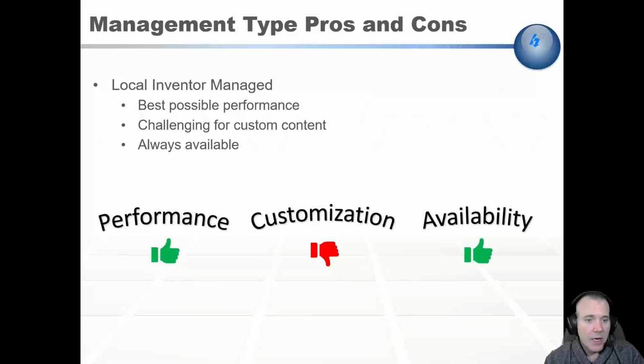Now, the third category is availability, not just how well does it perform, but can I get to it at all? Again, local is going to be by far the best, right? Because it's on your hard drive, so you can always get to it. So again, if you're the only person using Inventor in your environment, or if you're never planning to customize the content, then local is going to be the best.